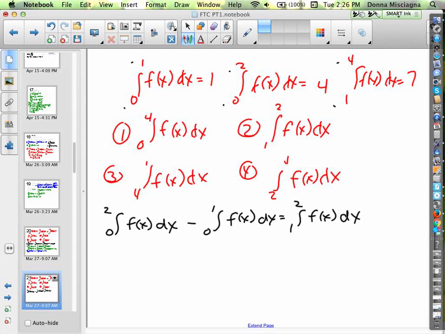Because if we add it the other way, 0 to 1 and then plus 1 to 2 gives us 0 to 2. So that gives us 1 to 2.